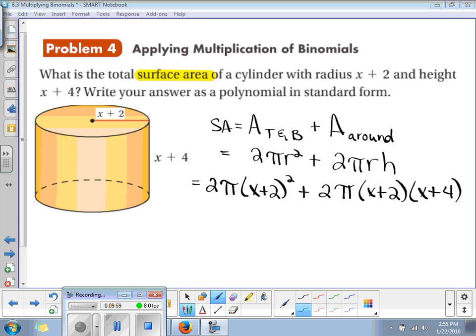And you will see that this is what we just learned how to do today. X plus 2 quantity squared, all that means is x plus 2 times x plus 2, right? So I'm going to rewrite that.